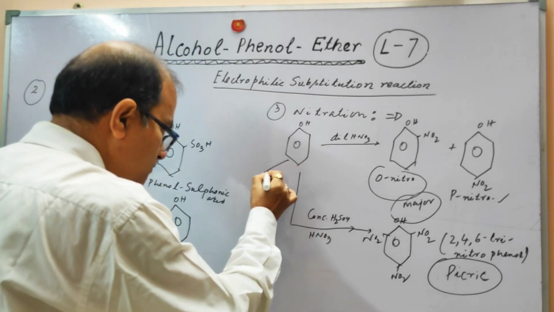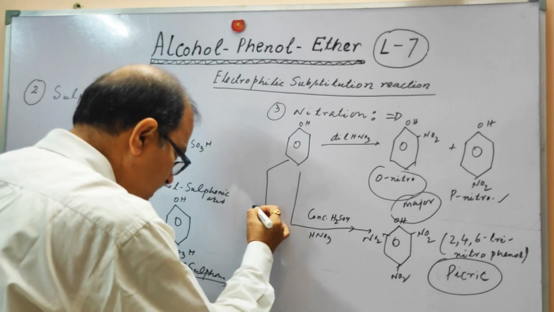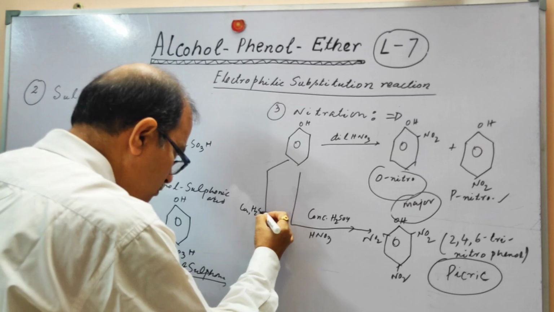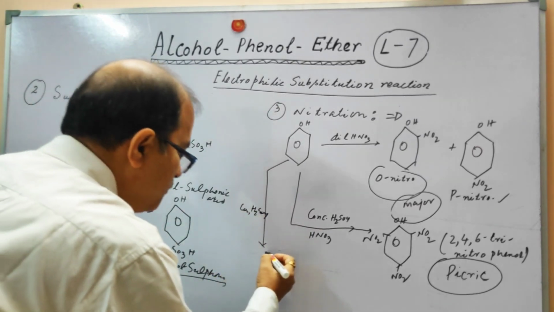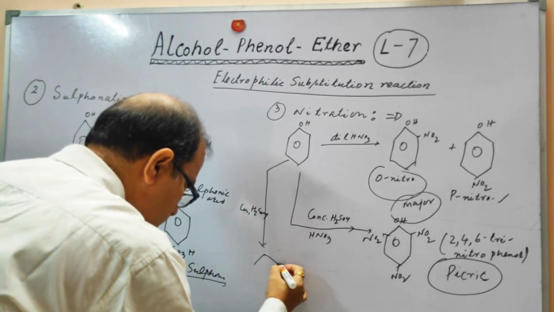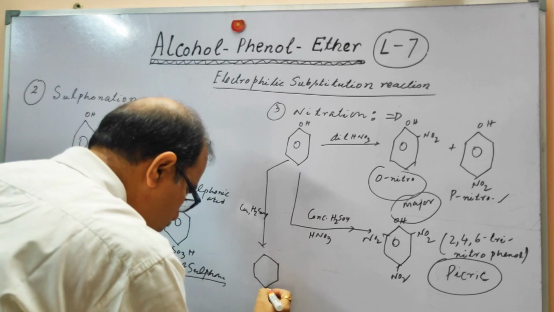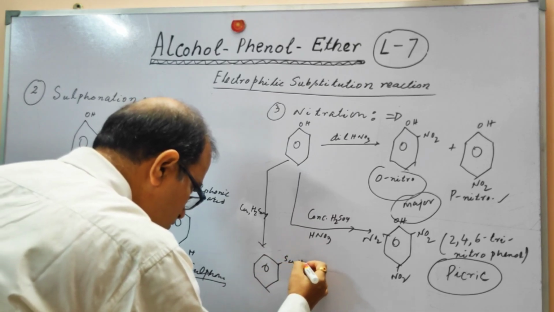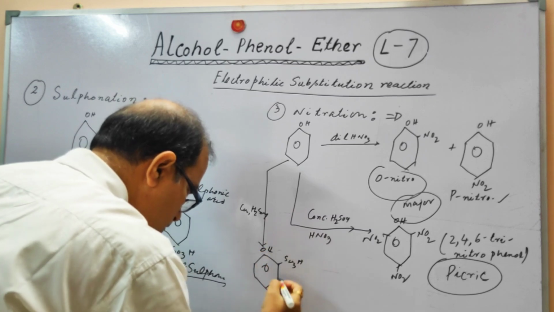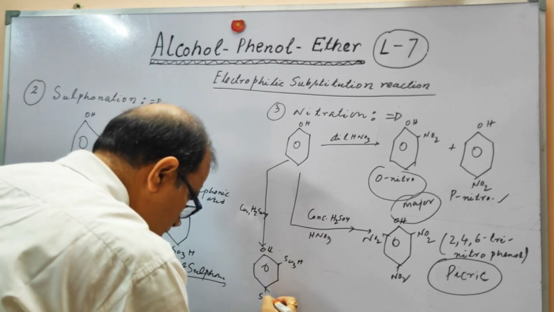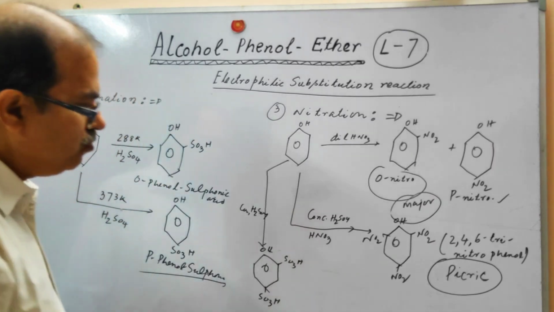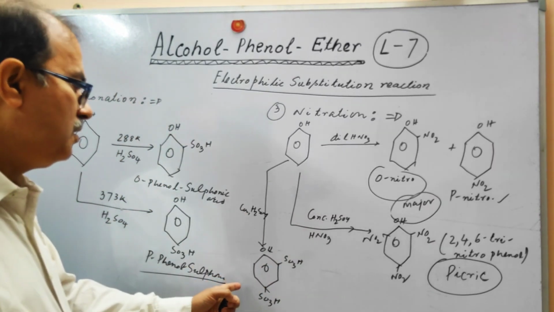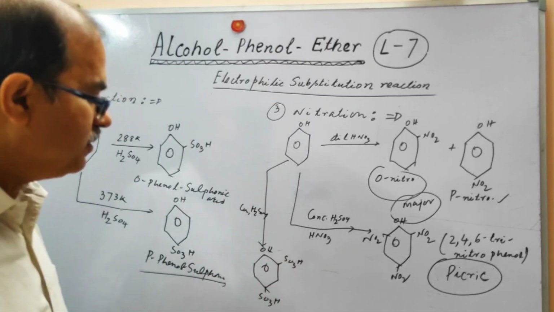First, the phenol is reacted with concentrated H2SO4, and it is going to produce this, with SO3H and OH.